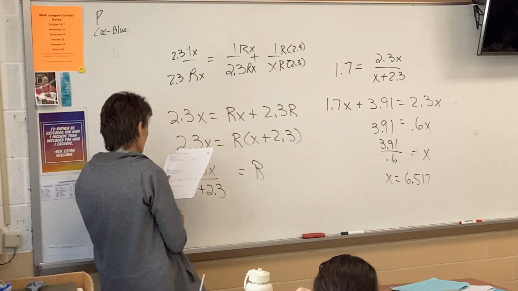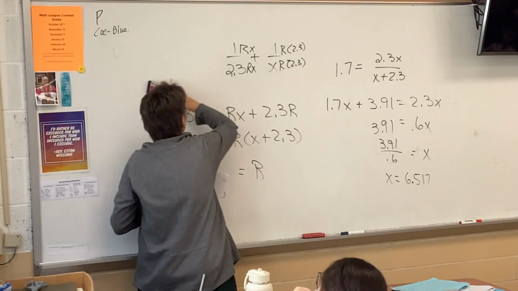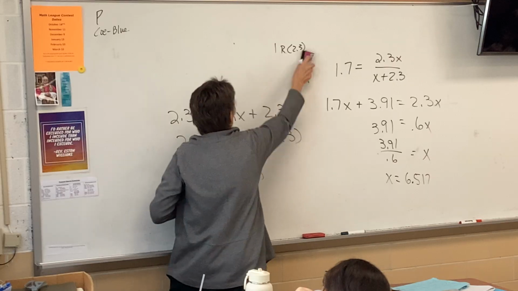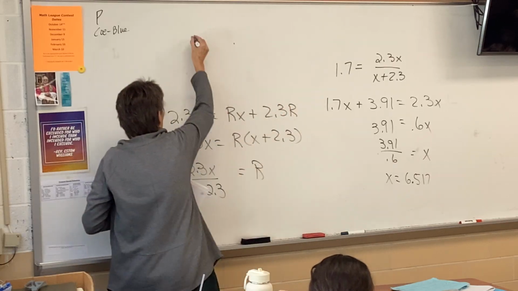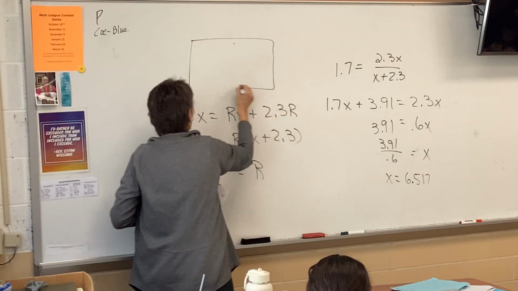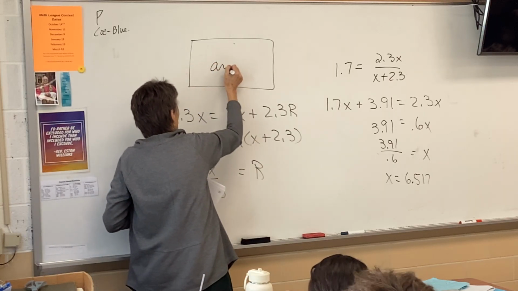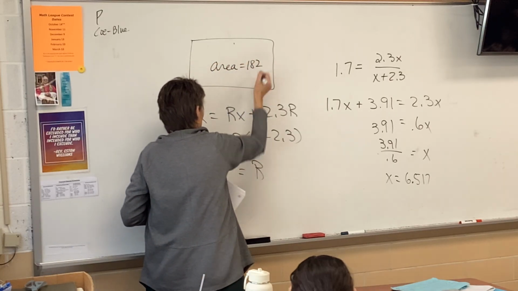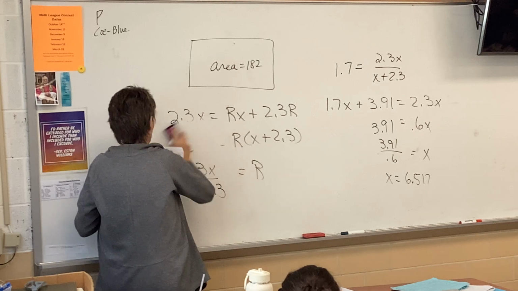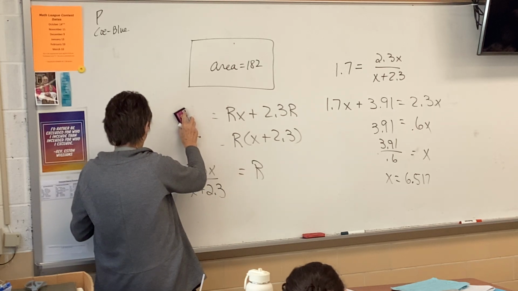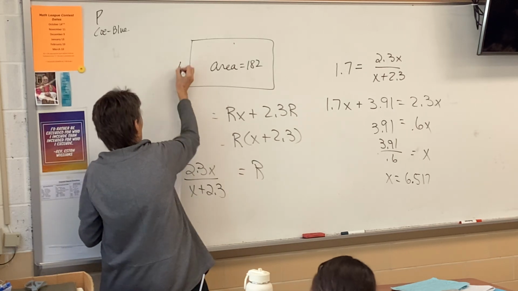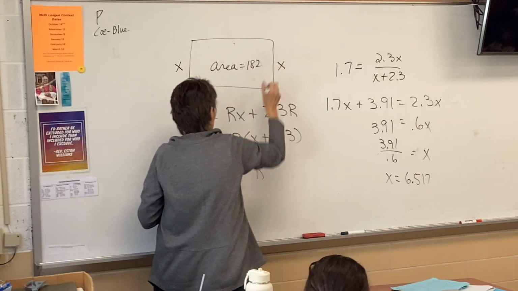Consider all of the rectangles with an area of 182. So here is a rectangle, and the area is 182. Let X be the length of one side.